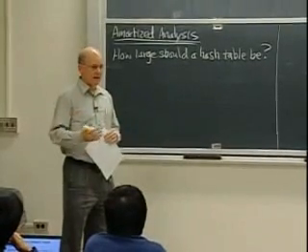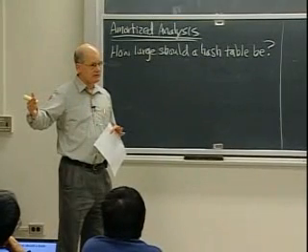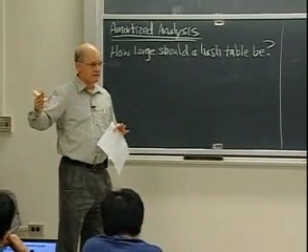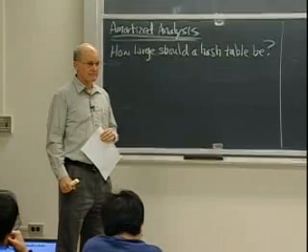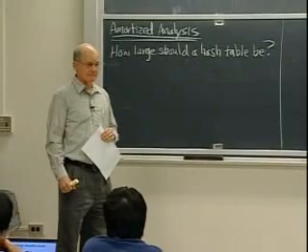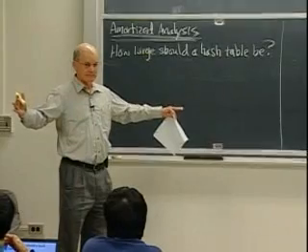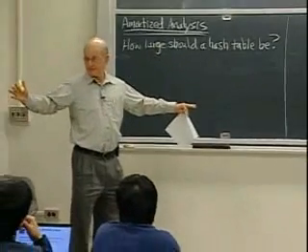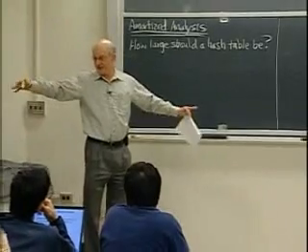As I increase the size of the hash table, what happens to the search time? What happens to search time as I increase the size of the hash table? Yeah, but what does it in general do? It decreases, right?